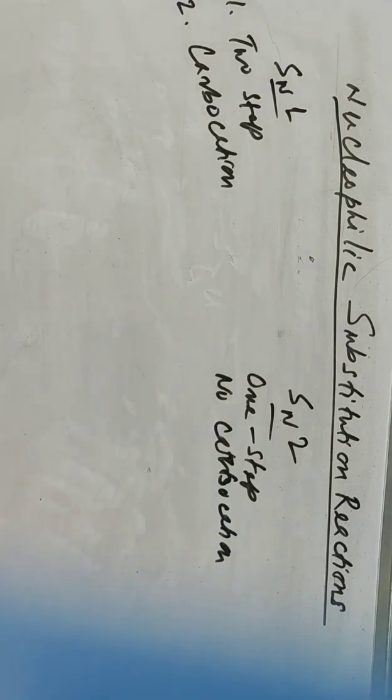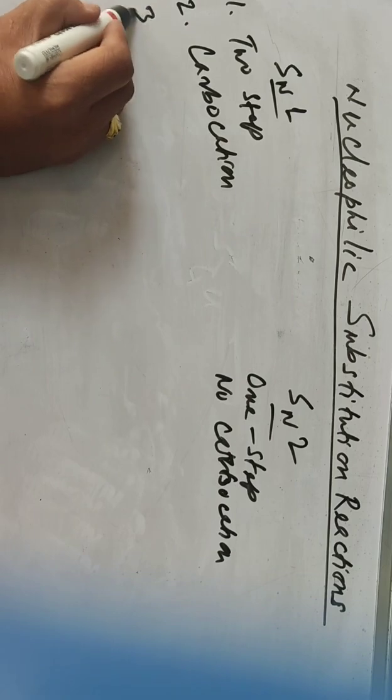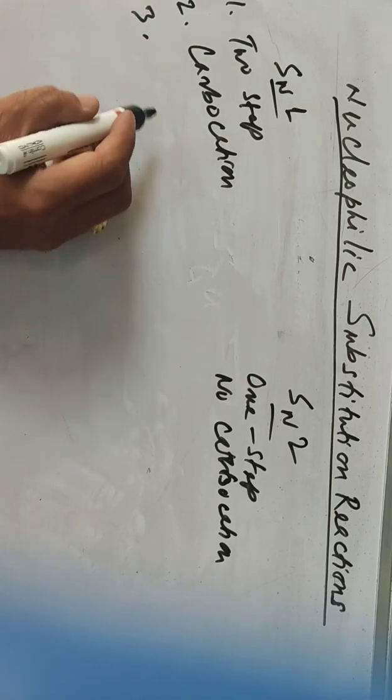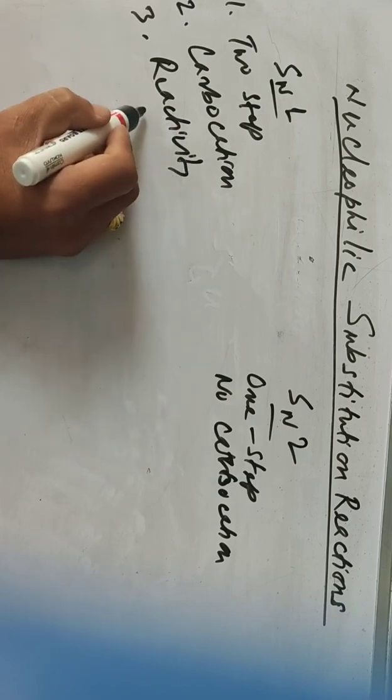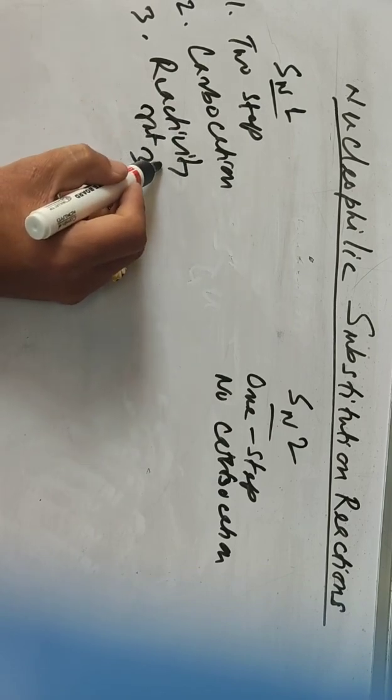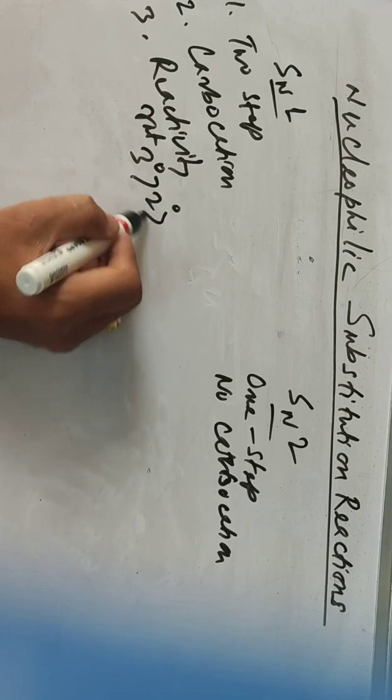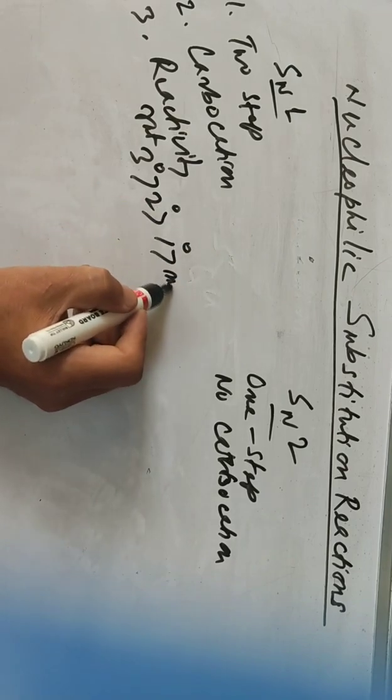So then the reactivity rate: in SN1 it follows carbocation stability, so tertiary greater than secondary greater than primary or methyl.